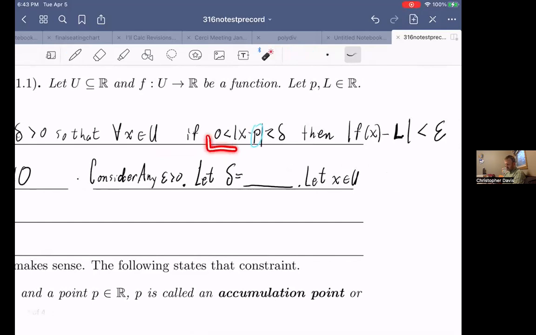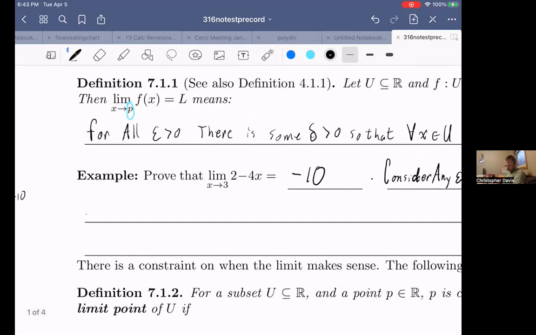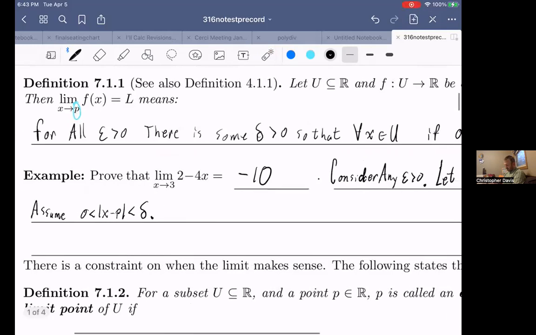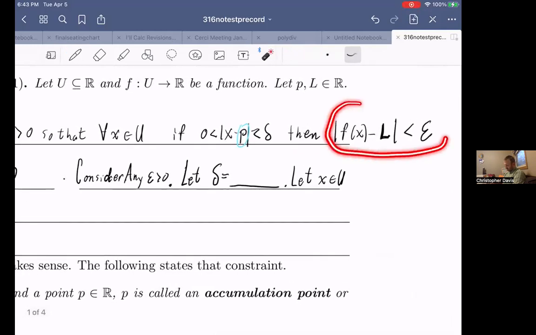I now need to show if this is true, then that is true. How do you show an if then? You assume the hypothesis. I now need to show the conclusion.